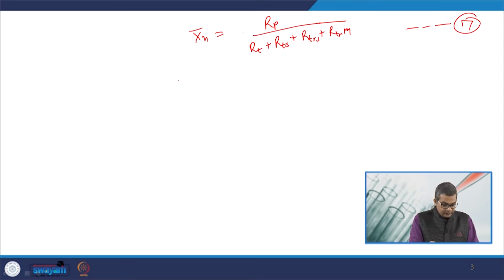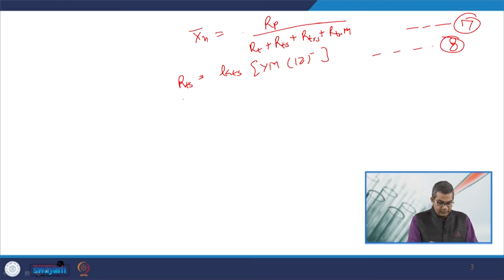Now, here this Rts is equal to Kts Y M I Z. This is equation number 8. Then Rtrm is equal to Ktrm Y M. That is equation number 9.